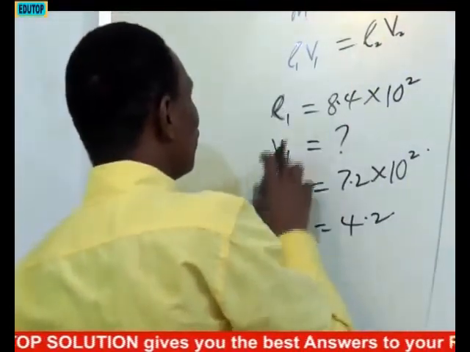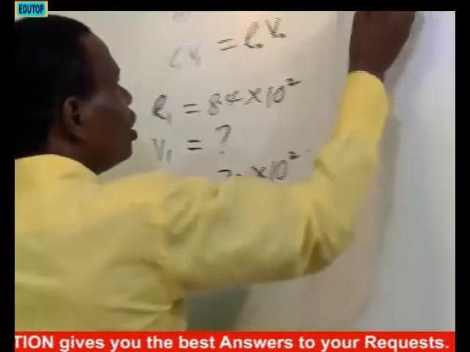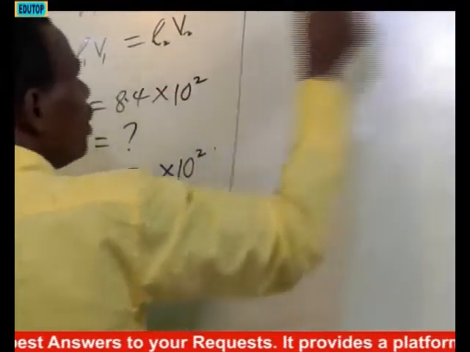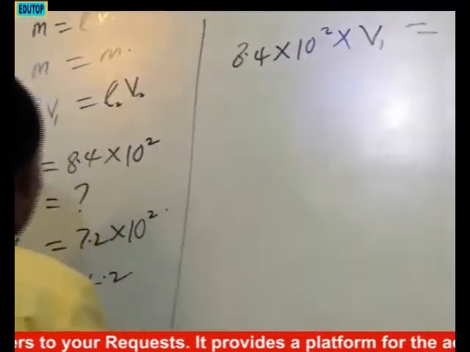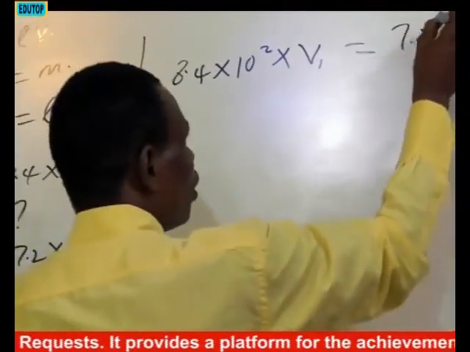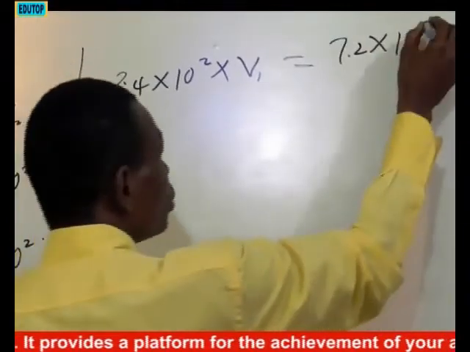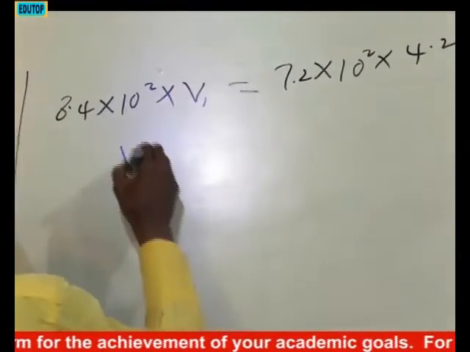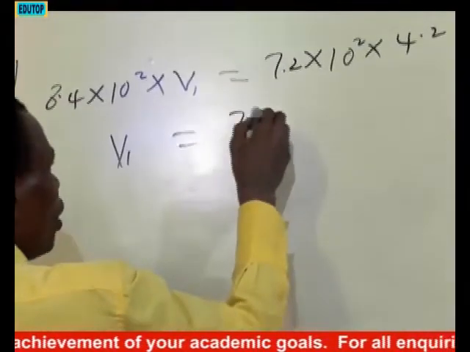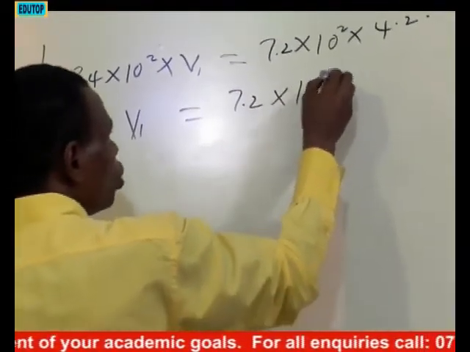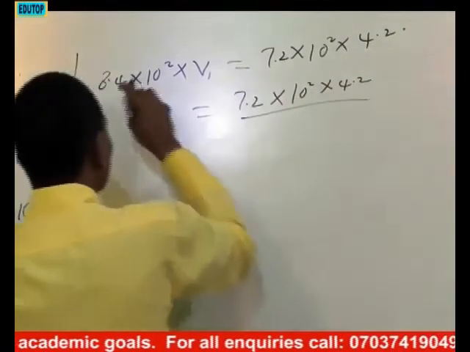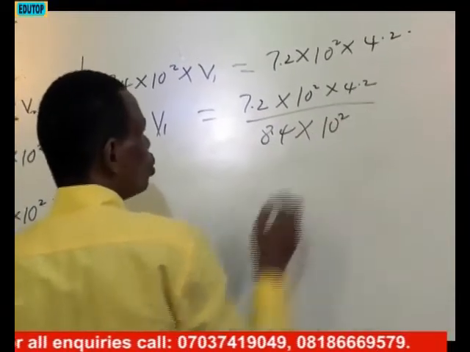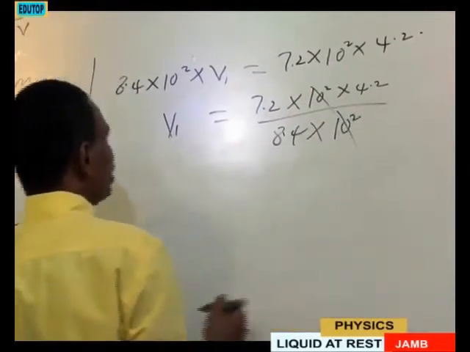So let's substitute this. What we are going to have for our rho 1 is 8.4 times 10 raised to power 2 times V1, and that's what we are looking for. Then rho 2, 7.2 times 10 raised to power 2 times 4.2. Then let's make V1 equal to 7.2 times 10 raised to power 2 times 4.2, all divided by 8.4 times 10 raised to power 2. This cancels this straight away.